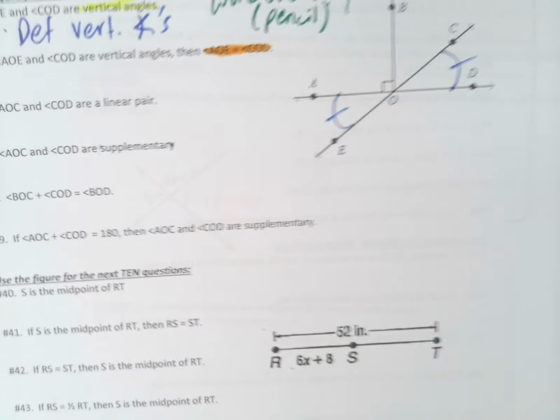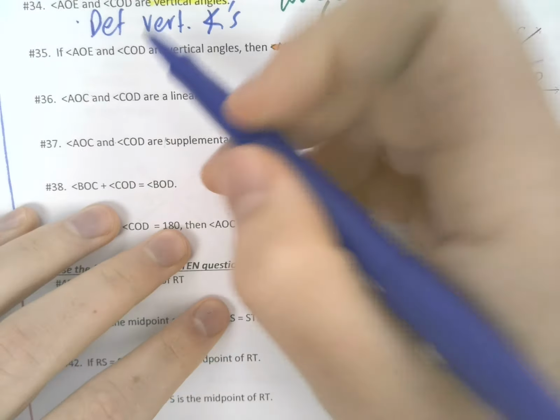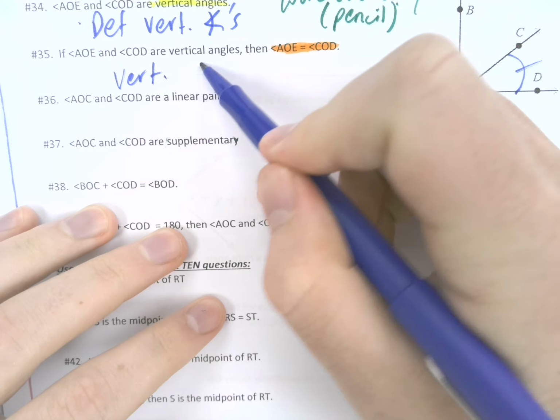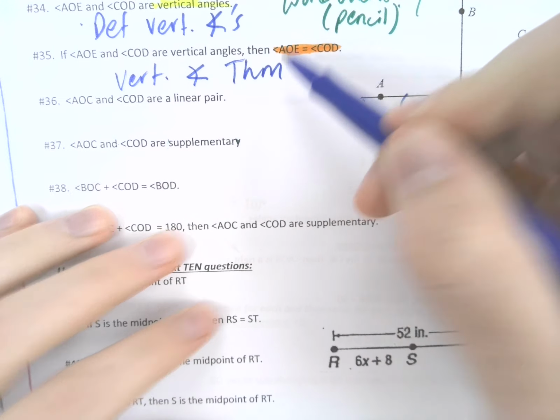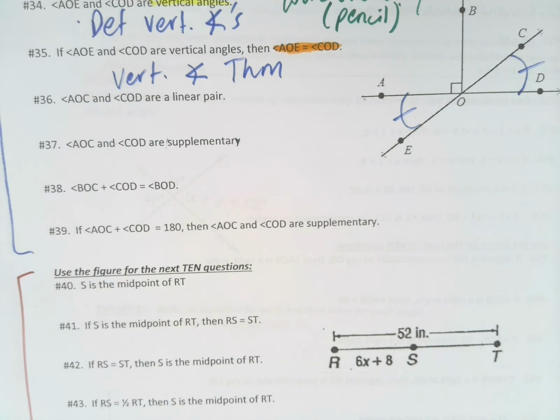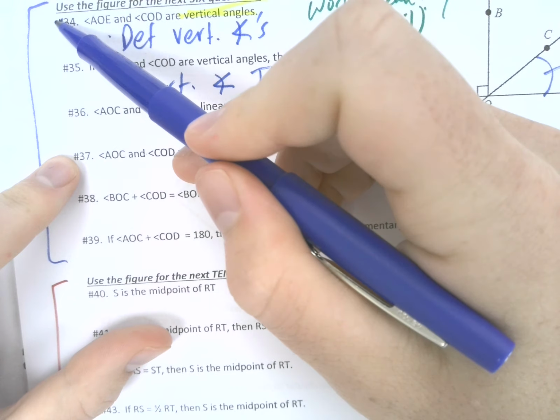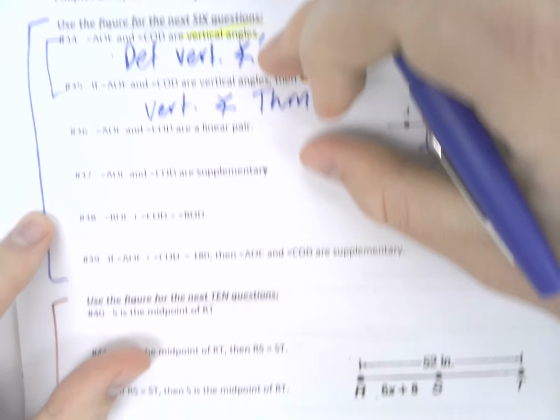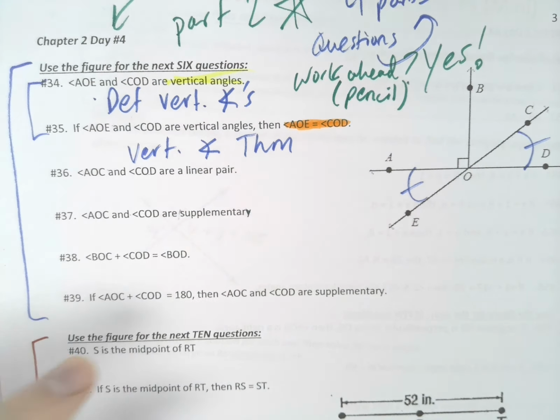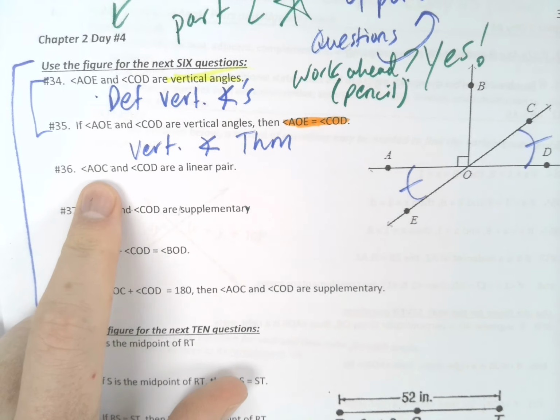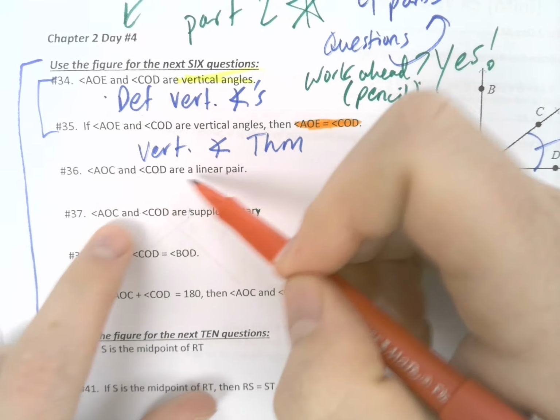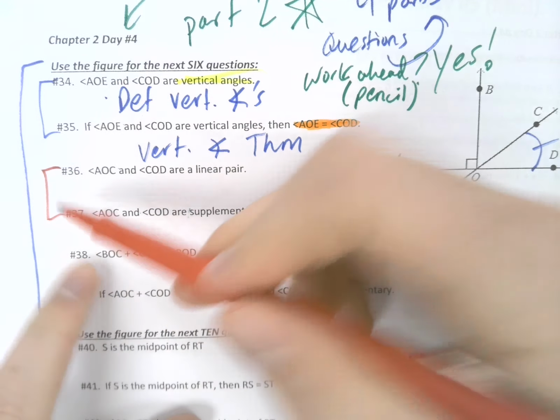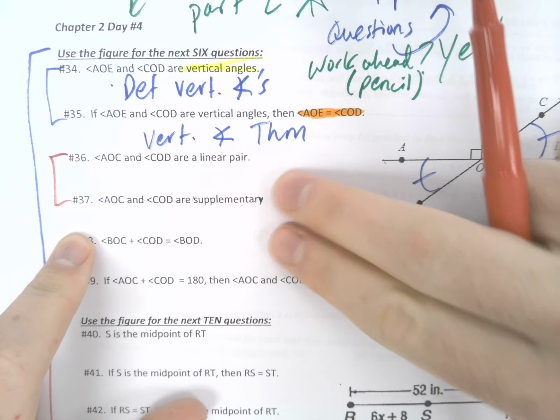So we're talking vertical angle theorem. Do you see how these two are kind of connected? 34 and 35 went hand in hand here. Now we're switching it up a little bit. Now we're going AOC and COD, and these two, 36 and 37, are going to be connected.